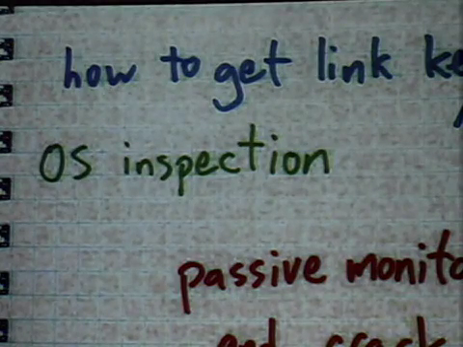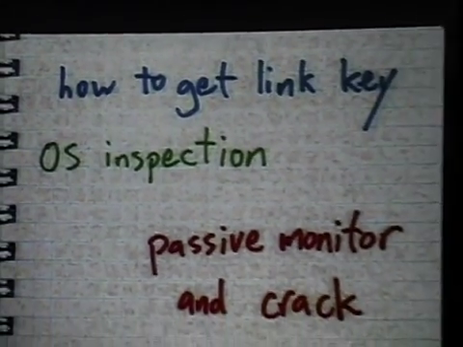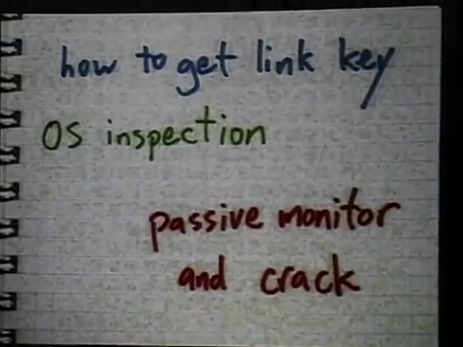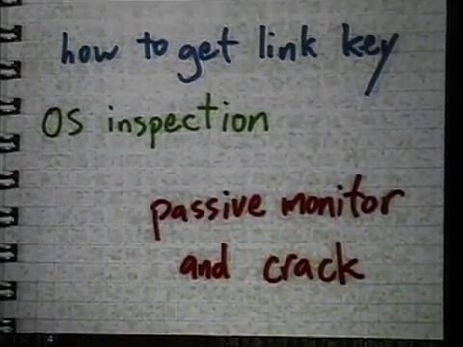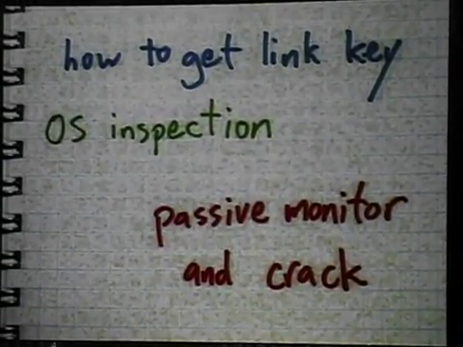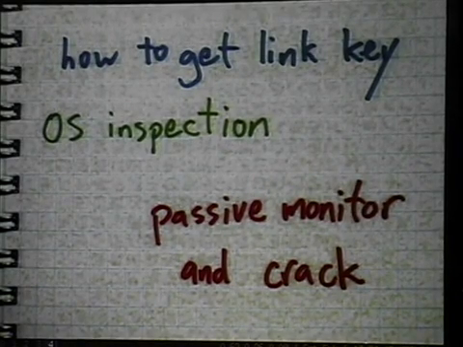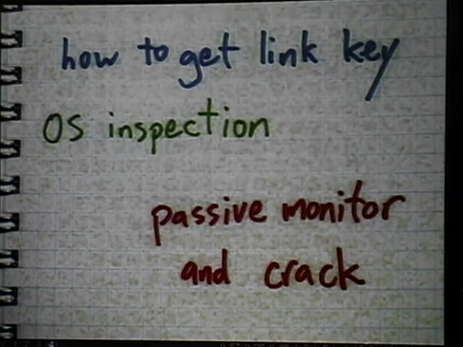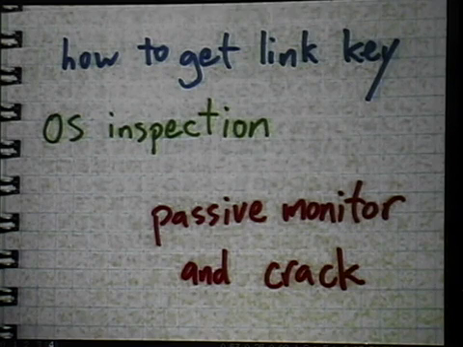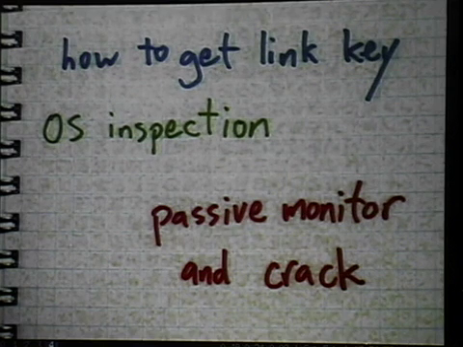So those are some ways that you can use to get these device addresses. And if you're a defender and you are trying to assess your own devices, then it's really easy to get these addresses because you can just inspect them or put them into discovery mode and do an inquiry, and you're good. How do you get a link key is a little bit harder. But again, if you're a defender, you have the advantage because you can just go into an operating system and look wherever that OS stores its link keys.